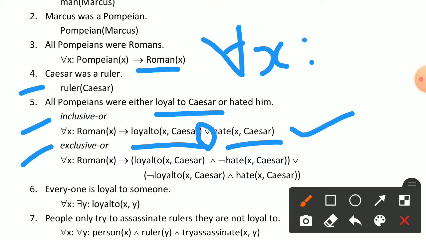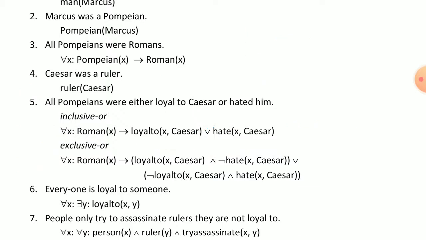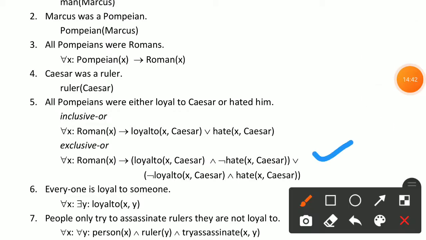And by using exclusive or we can say that for all x, Roman x implies loyal to x comma Caesar and not hate x comma Caesar, or not loyal to x comma Caesar and hate x comma Caesar. Only one sentence is given, but we can use two different ways to represent this one sentence.